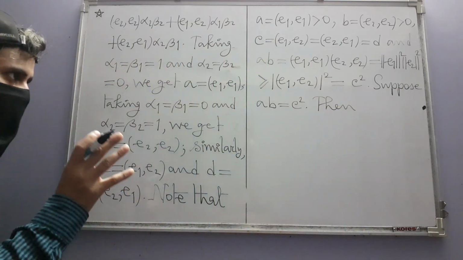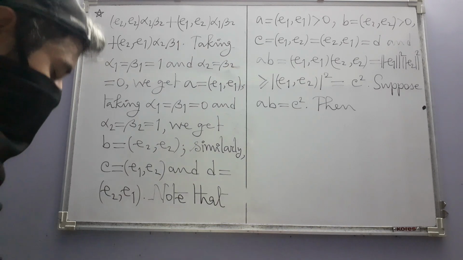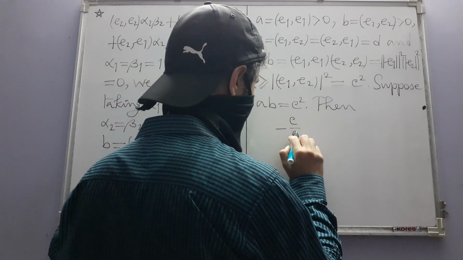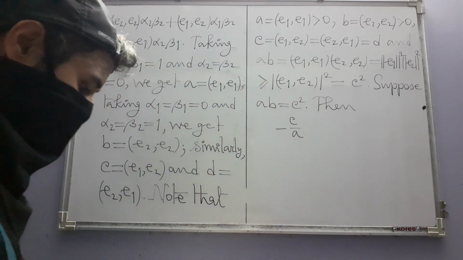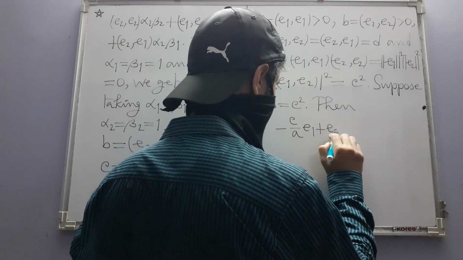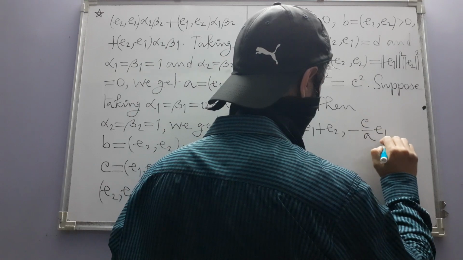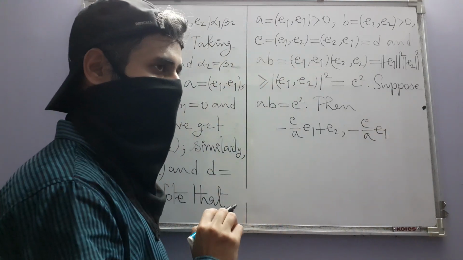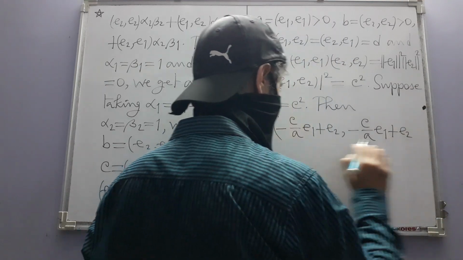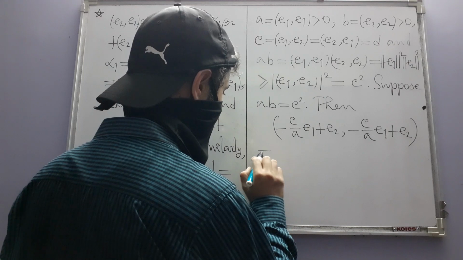Then we are going to calculate a very particular, a special inner product, and that is the inner product between these two vectors, same vector, minus C over A times E1 plus E2. What do we get? Let's just apply the definition.